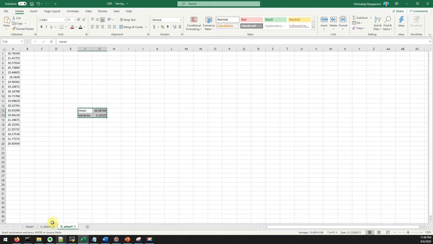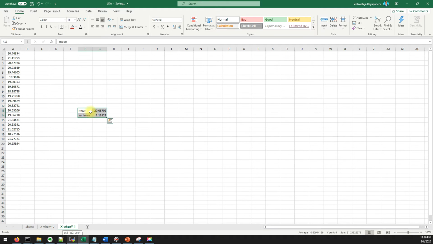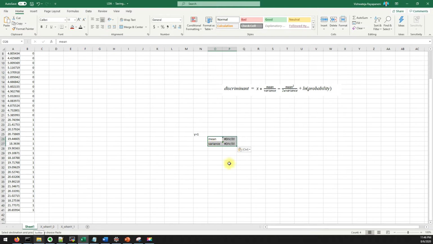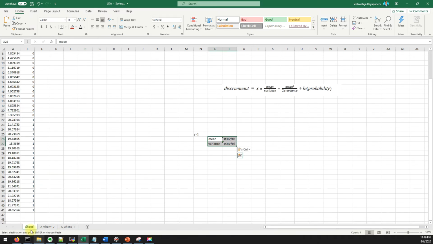This is x when y equal to 1. I'm not sure if I can copy and paste it here. Let me try again. Yeah, okay, because this is the formula, right? So the variance is 20.08706, right?